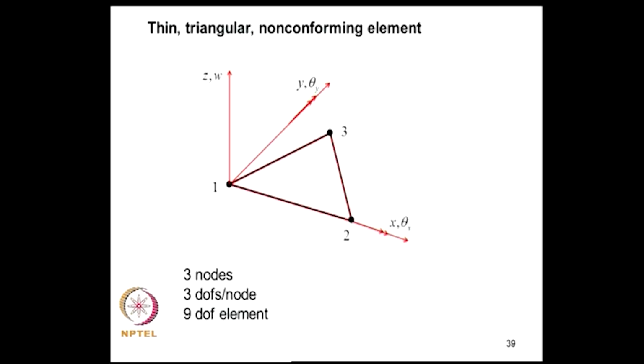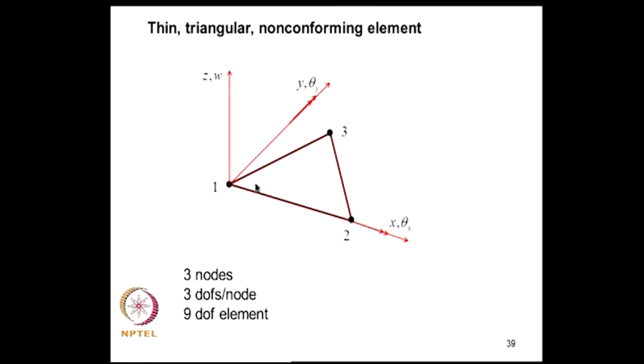Now, how about triangular elements? We will consider this triangular element 1, 2, 3, and if I now define x axis along one of the edges and y axis orthogonal to this in the plane of the plate, and z axis is outside the plane of this plate.